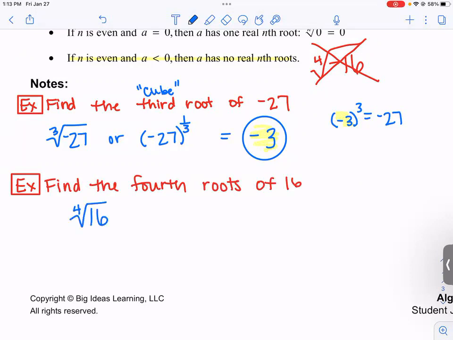Now, since it's an even root, and I'm asking you for the roots, we're going to give a positive and a negative answer because positive 2 to the fourth power equals 16 and negative 2 to the fourth power equals 16.